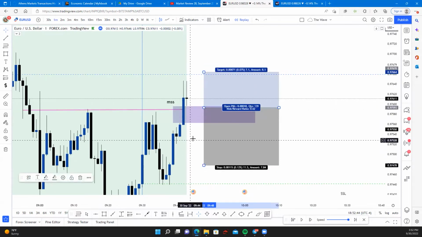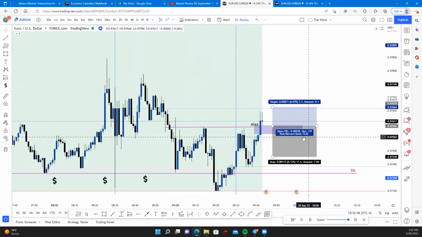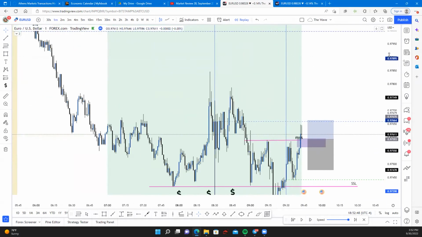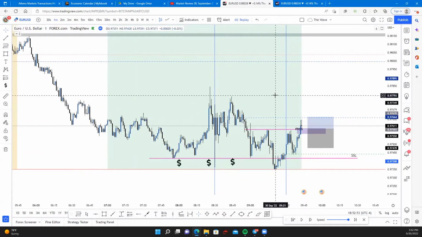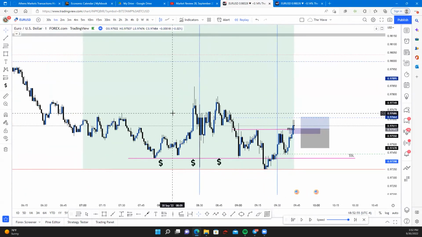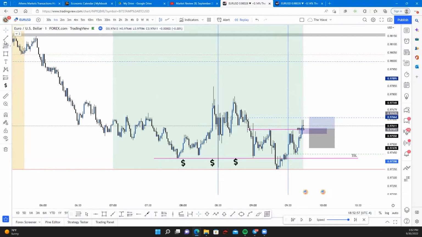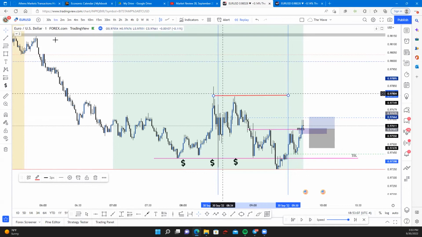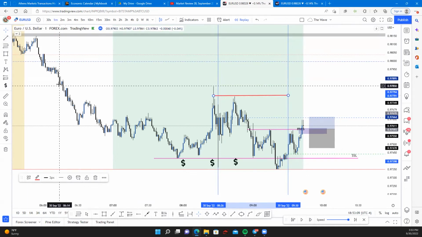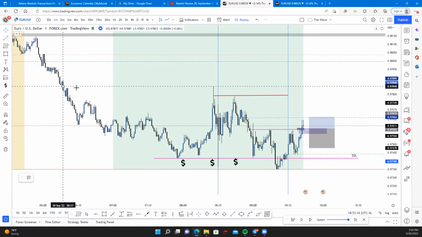Now, how will we know where to set our take profit? Well, we can look to the left and try to find areas of buy side liquidity where people would have a trailing stop loss on any sells. So this area would be one possible. Then if you look here, we have relatively equal highs from these highs to this high here.